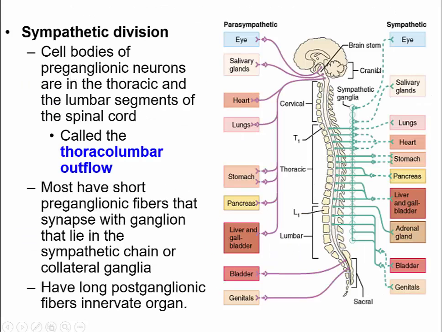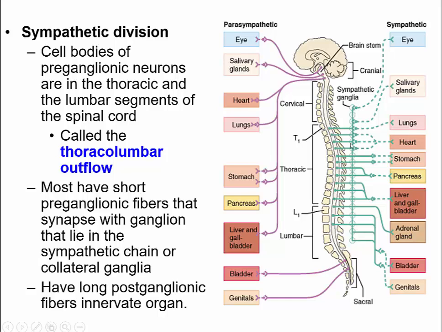When we look at the sympathetic division, the cell bodies of the preganglionic neurons are located within the thoracic and lumbar segments of the spinal cord. So we refer to this as the thoracolumbar outflow. Most of these are going to have relatively short preganglionic fibers, and they synapse with a ganglion that lies in the sympathetic chain or a collateral ganglion.